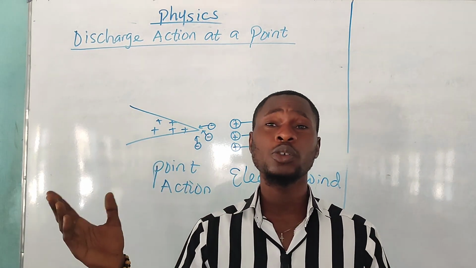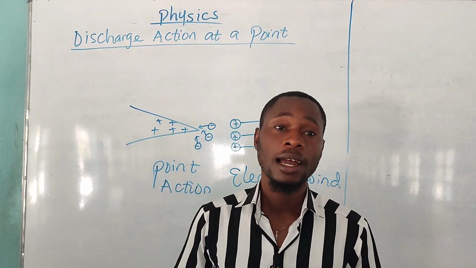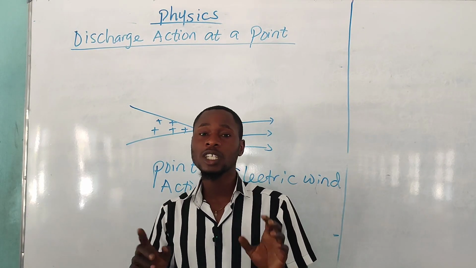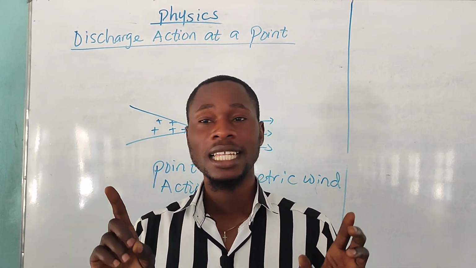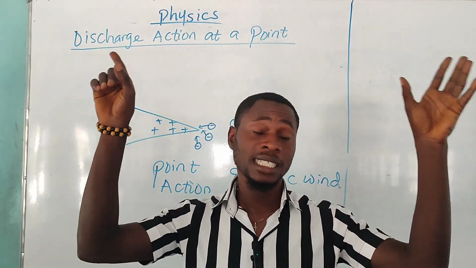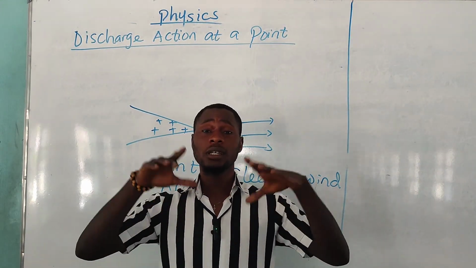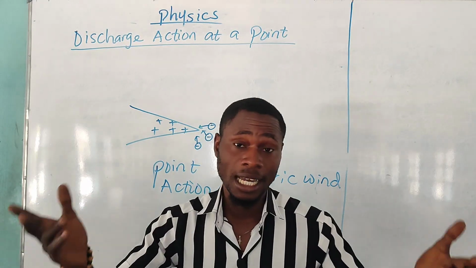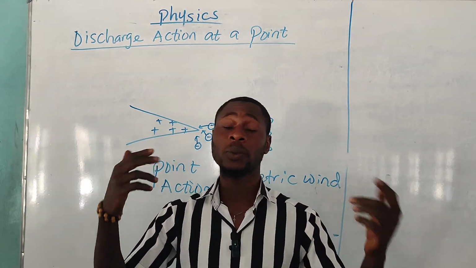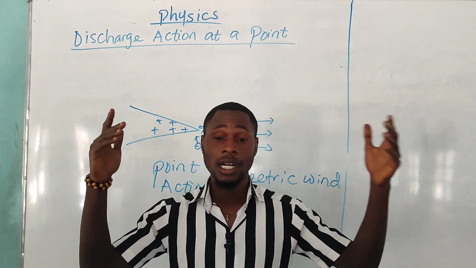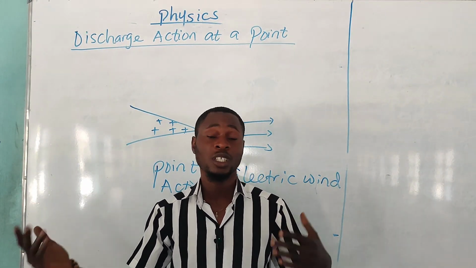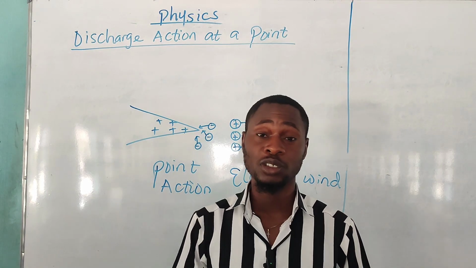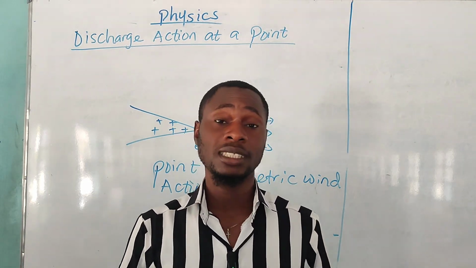All right, so let's go to what we have generally in our environment. When we talk about lightning in the atmosphere, what happens when we see lightning, and immediately after the lightning we hear a very roaring sound of thunder, which causes some destruction to properties.